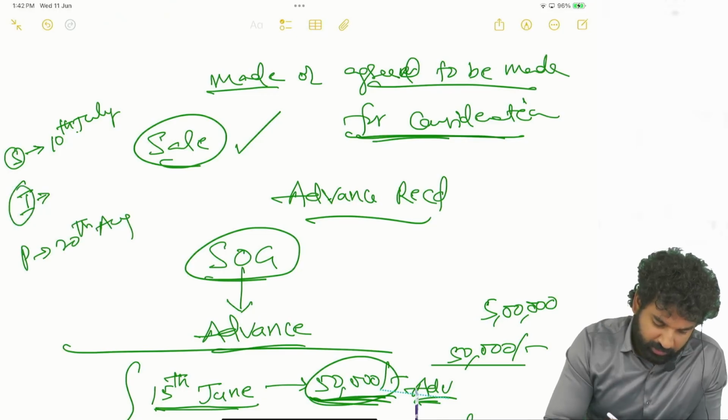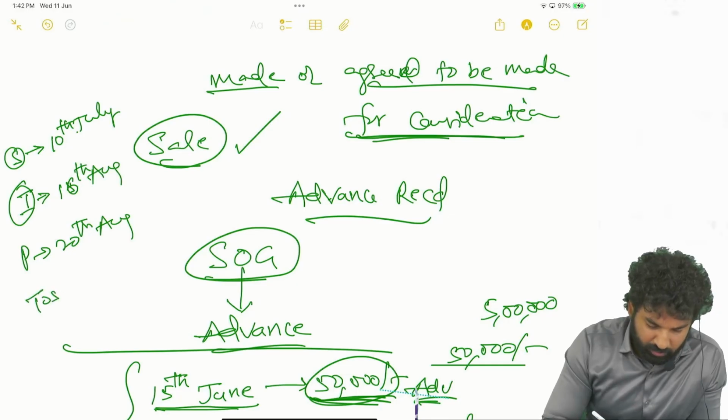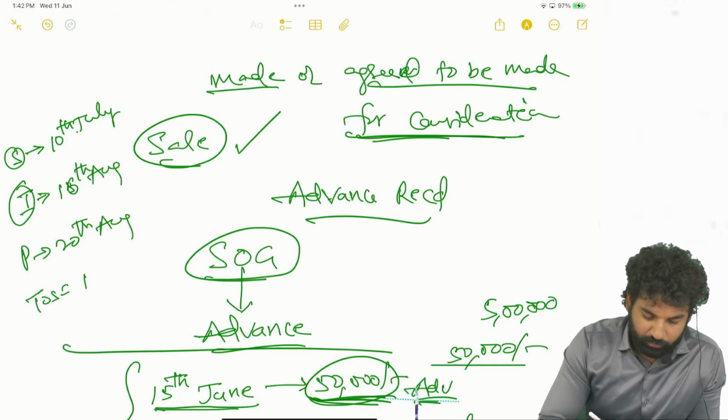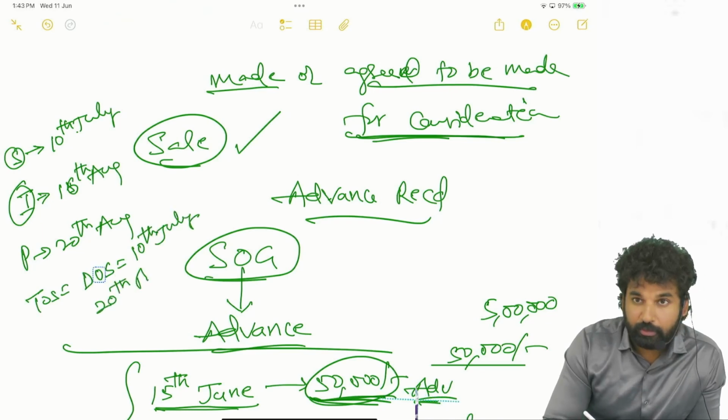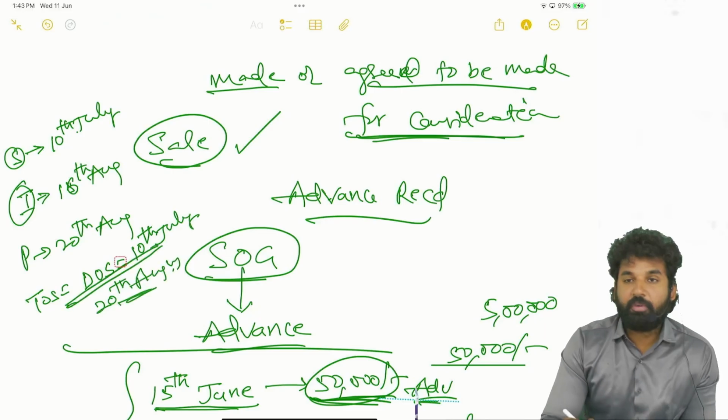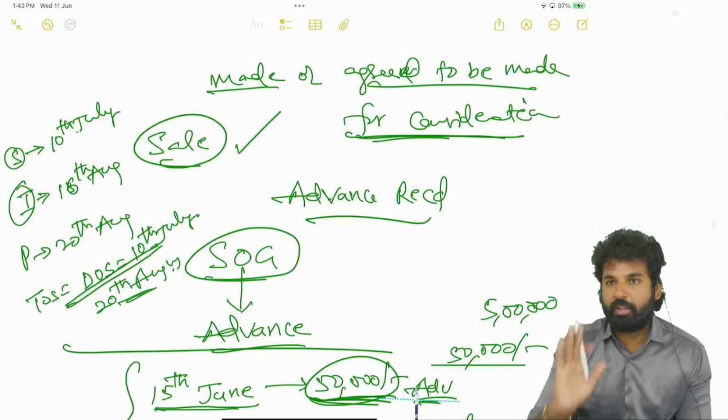First case, invoice on 16th August. In such case, time of supply is equal to the date of supply of service, which is 10th July. So the liability to pay GST is on 20th August. Since July is the month of time of supply, you have to make the payment by 20th August.